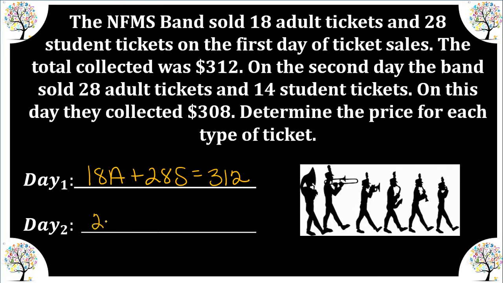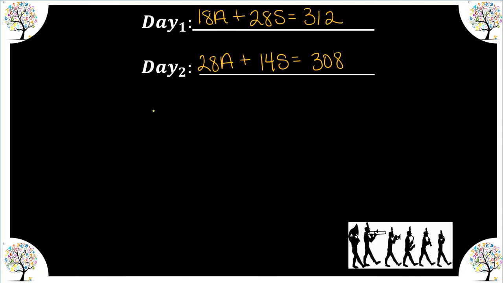Then on day 2, we sold 28 adult tickets at some price plus 14 student tickets for a total of $308. So I've written these in standard form so that I'm going to use elimination.